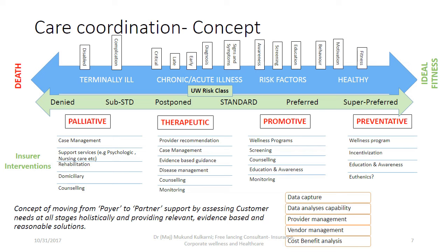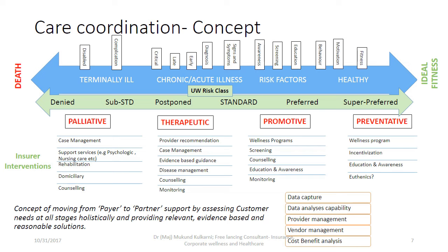They can do specific case management. That's where the medical experts from the insurance company would come into the picture and identify the best possible medical protocol for that recovery to happen based on evidence, as well as certain counseling and monitoring to take care of the psychological and motivational aspects of recovery.